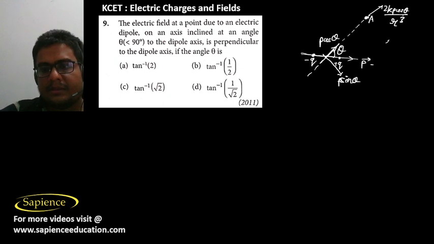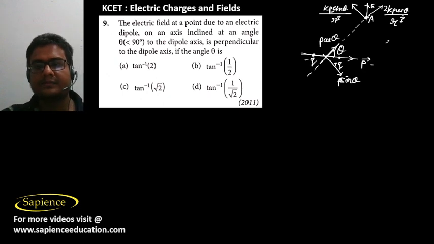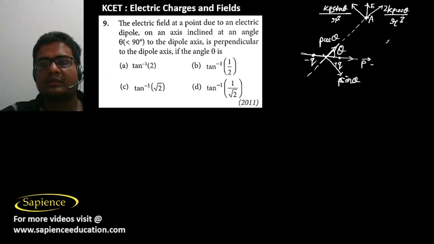Due to p sin theta also the electric field will come like this, which is kp sin theta by r cube. So the resultant electric field should come like this, which is perpendicular to the dipole axis.